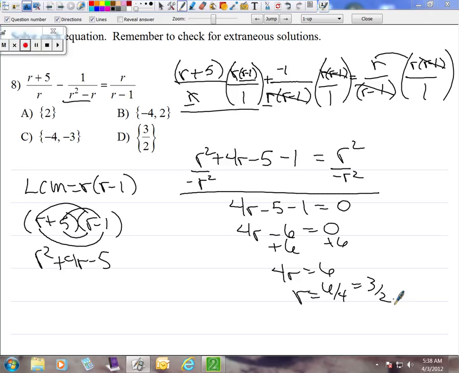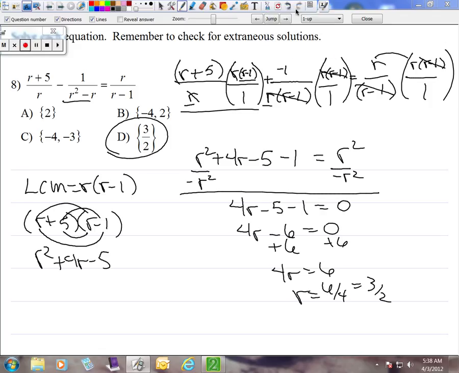Now if you look at your denominators, the only thing that makes the denominator 0, there are two things: if r was 0 or if r was 1. So my answer 3/2 is correct, and the answer we would choose. So there was a situation where you had to FOIL after you simplified, and when you solved, your squared term disappeared.